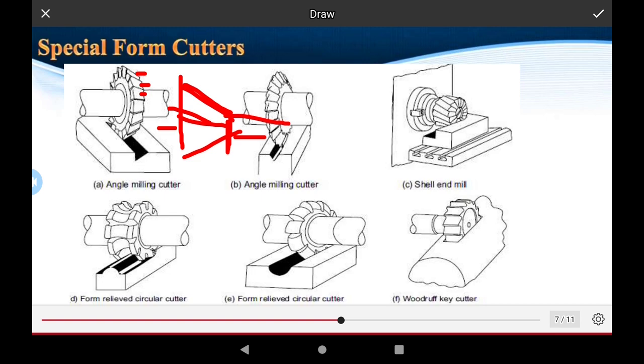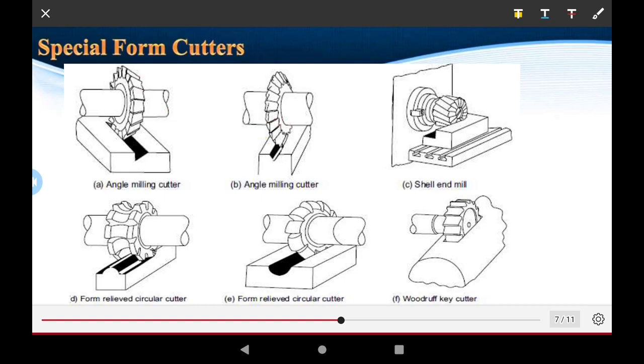Okay, achieving the flat surface, and this is the conical form of the operation performed on the workpiece. Okay, and the second is the angle milling cutter, also used for both sides of the straight teeth.